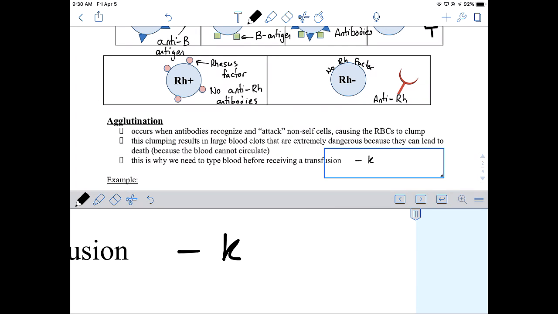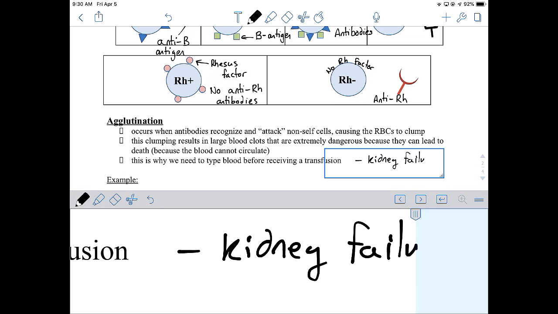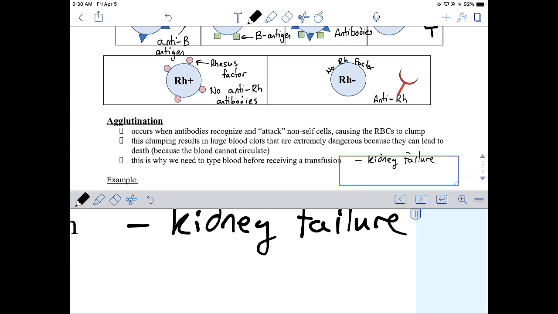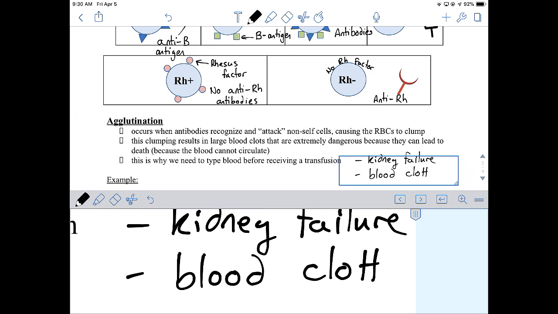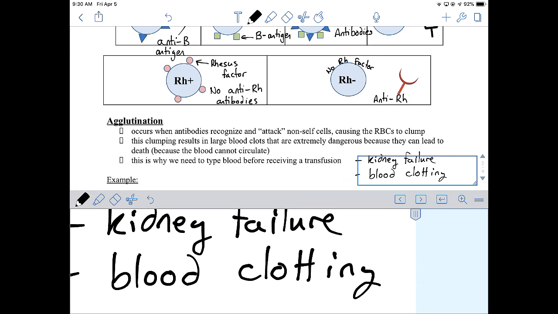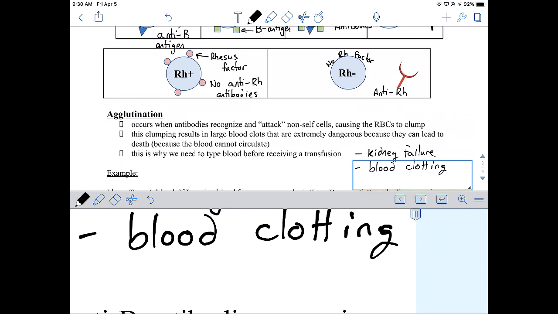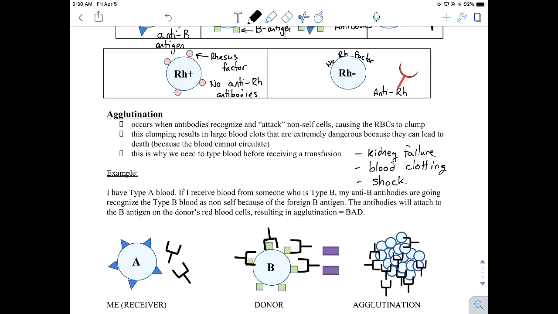We can get kidney failure, in addition to the blood clotting and all the dangers of blood clots, and at the very least, shock. And shock is a very generic term.